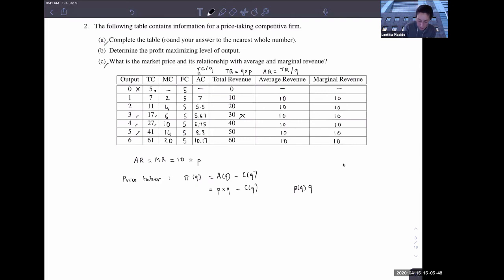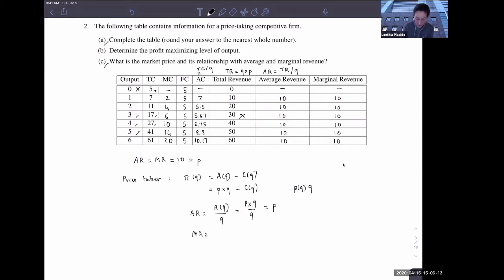So here, if you calculate the average revenue, it is R of Q over Q. Well, that's P times Q over Q, that's P. So you can formally show that average revenue is equal to price. What is marginal revenue?